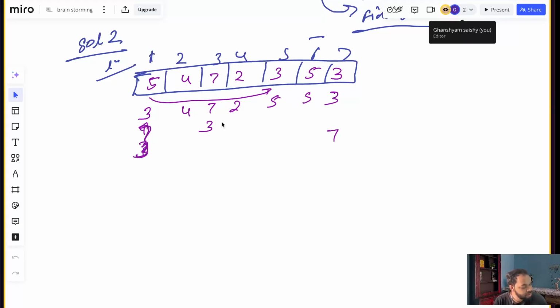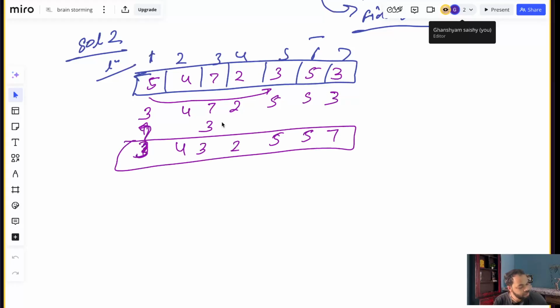So 3, 7, 5, 5, 2, 3, 4 will become our new array.